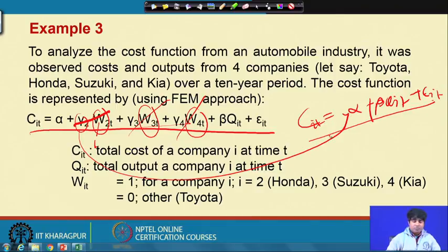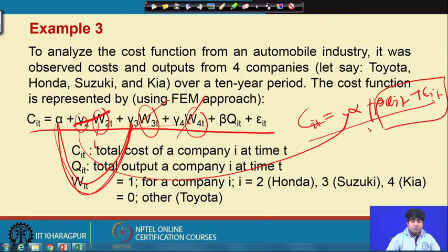Similarly, for the third company, W3 equals 1 and the rest are 0, so alpha plus this value becomes the intercept. For the fourth company, the impact will be alpha plus the particular coefficient. As a result, we have 4 different cost structures with respect to a particular level of output.